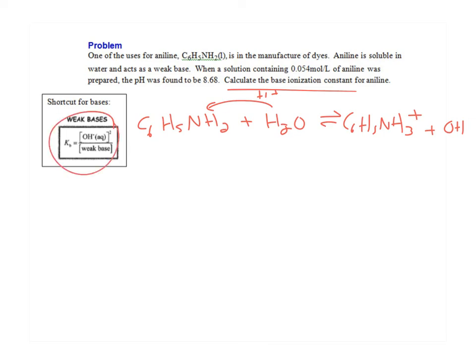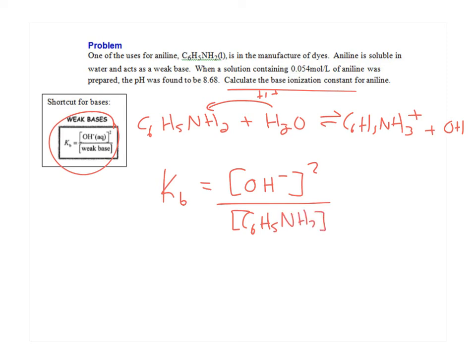Now the shortcut's the same, although now it's dealing with Kb. So Kb is my hydroxide ion squared divided by my original base concentration, C6H5NH2.